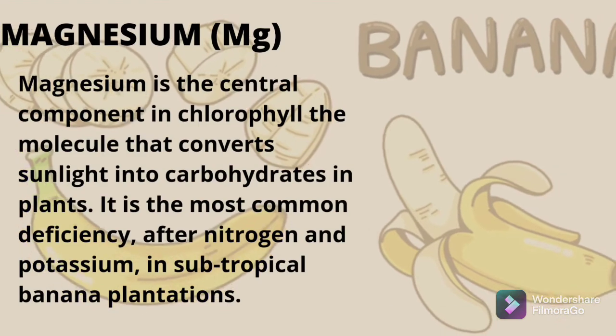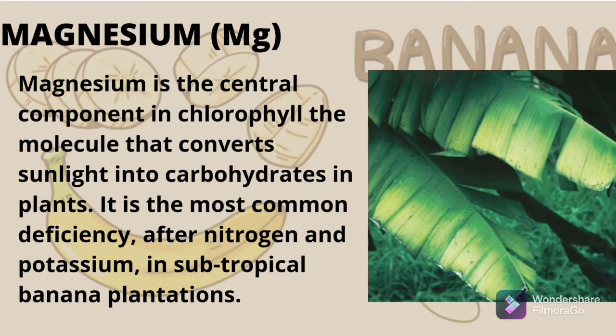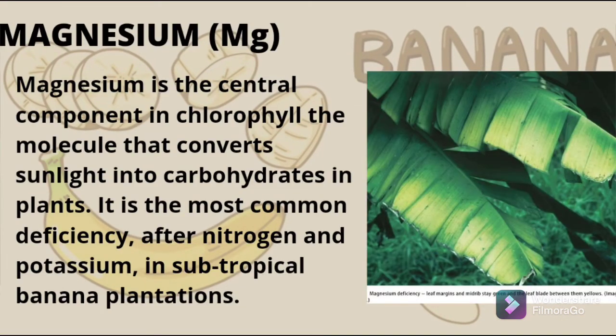Next is magnesium. Magnesium is the central component in chlorophyll, the molecule that converts sunlight into carbohydrates in plants. It is the most common deficiency after nitrogen and potassium in subtropical banana plantations.